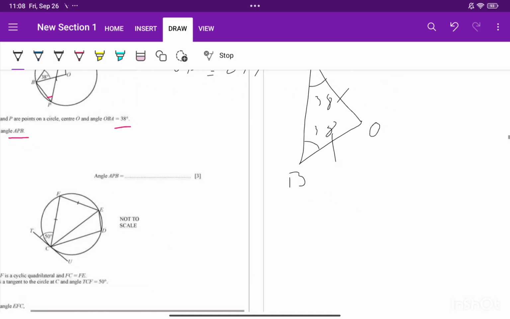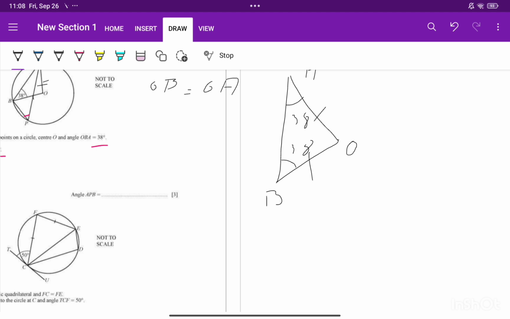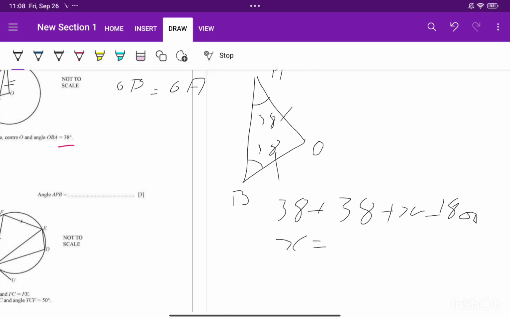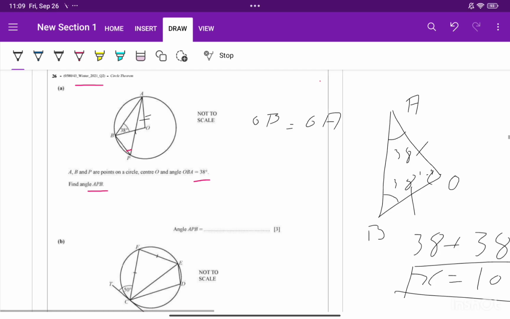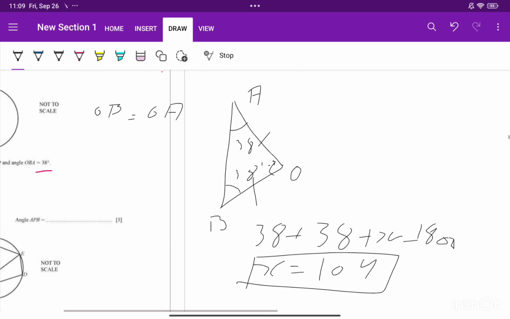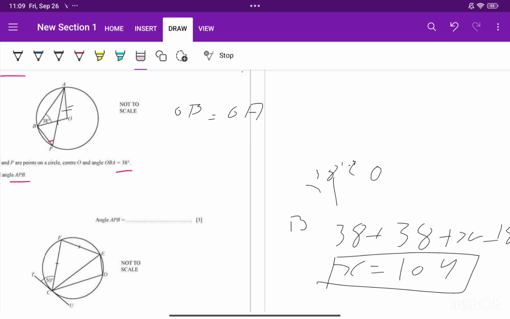And we know that the angles of a triangle add up to 180. So we can find that 38 plus 38 plus x is equal to 180. So x will be equal to 104. So this angle is 104. Okay, let's erase this.